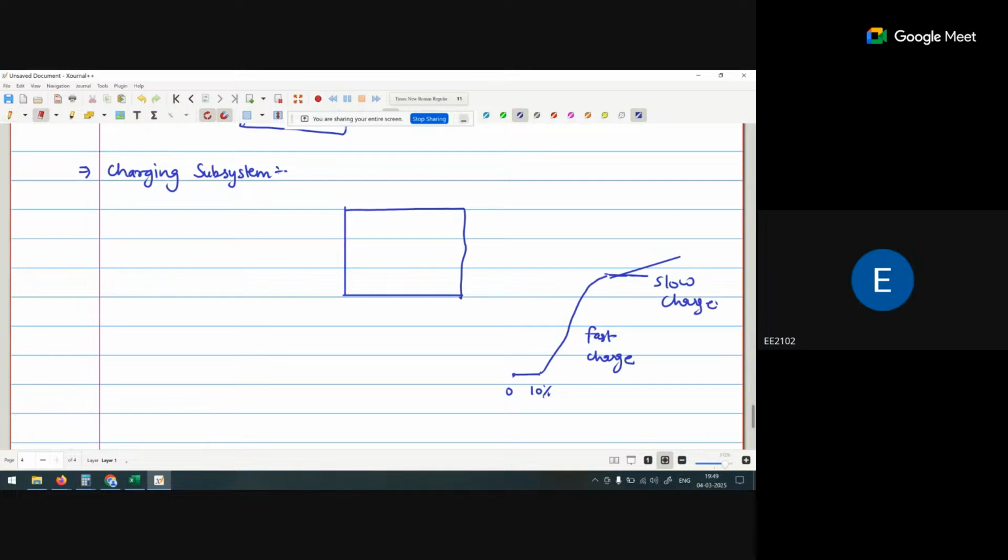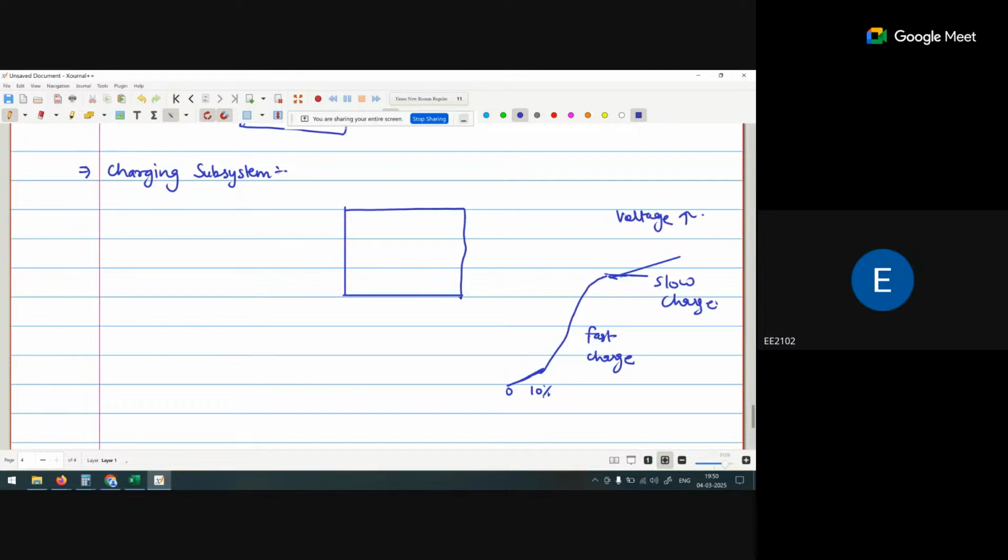Okay. This is the general profile that we are seeing when we are going with fast charging. So 10 to 90% it will be a fast charging, except this one is the slow charging. Now in 90 to 100%, mainly the voltage is increasing.